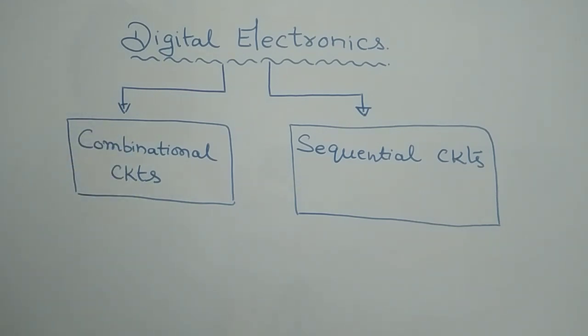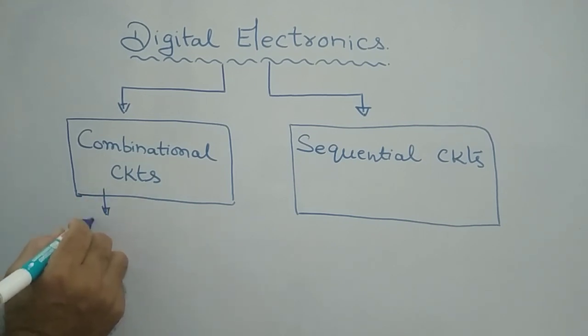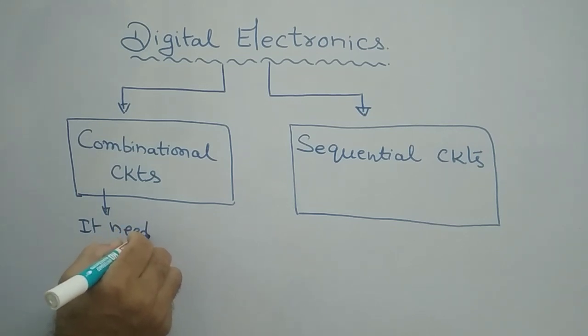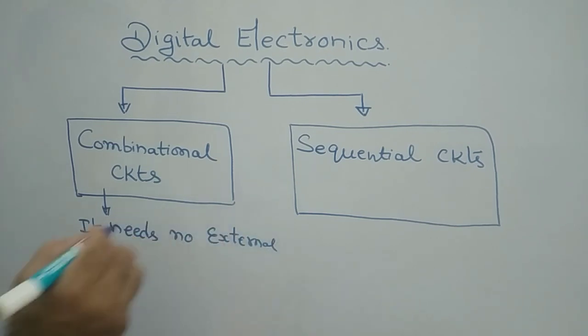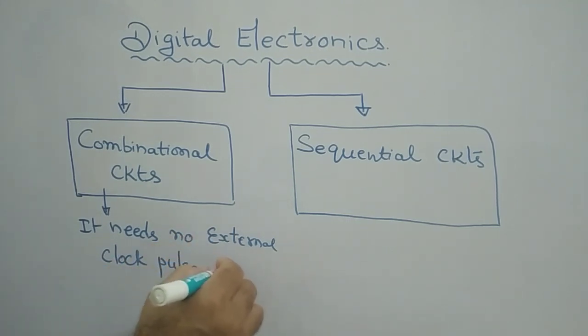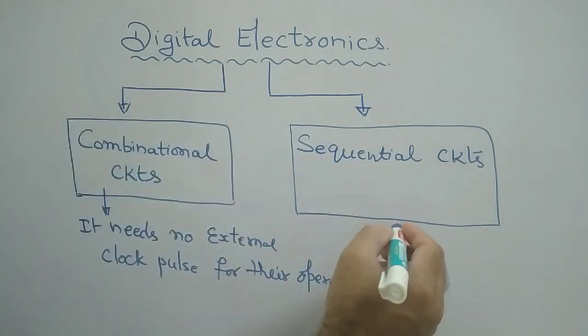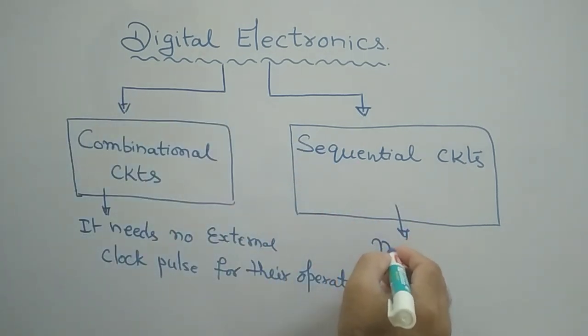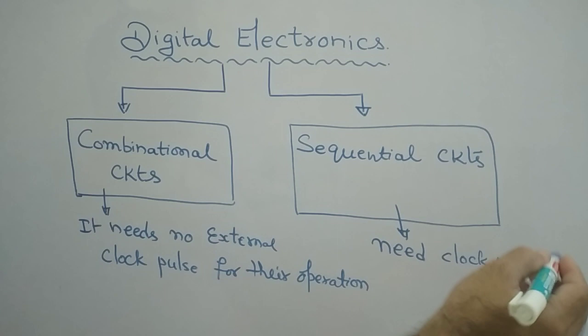Simply remember that a combinational circuit needs no external clock pulse for its operation, whereas a sequential circuit needs a clock pulse. That is the basic, very important difference between these two.